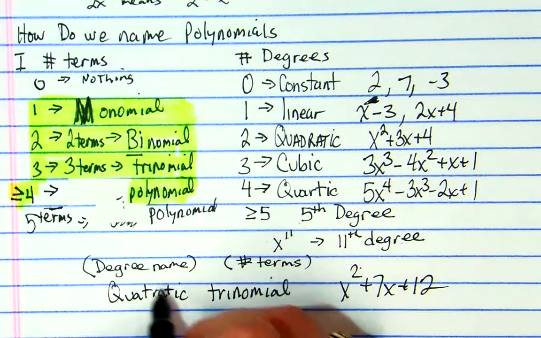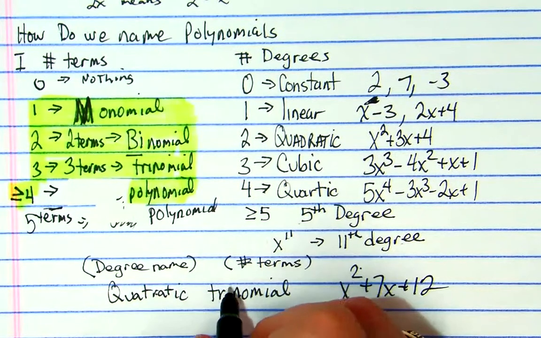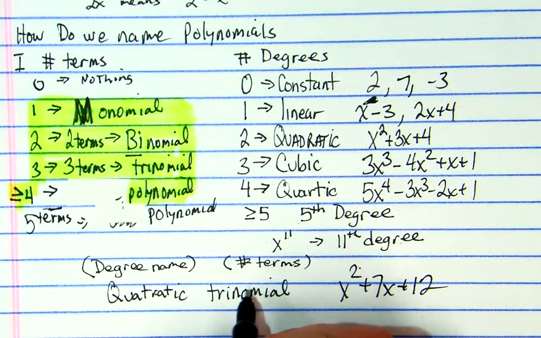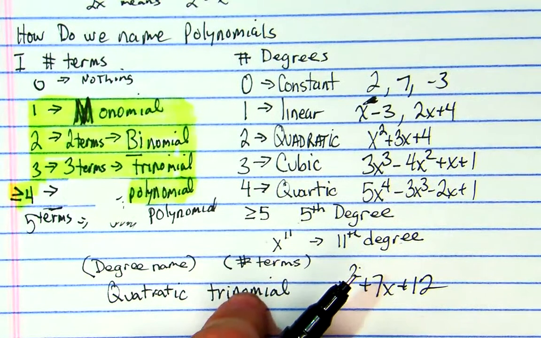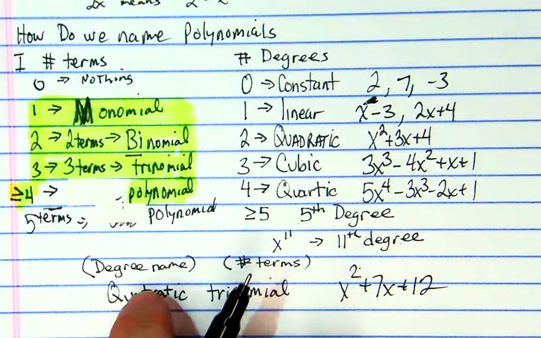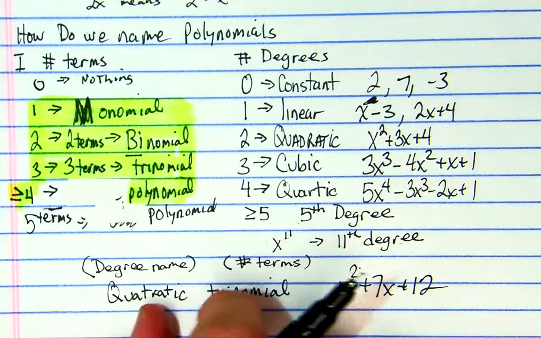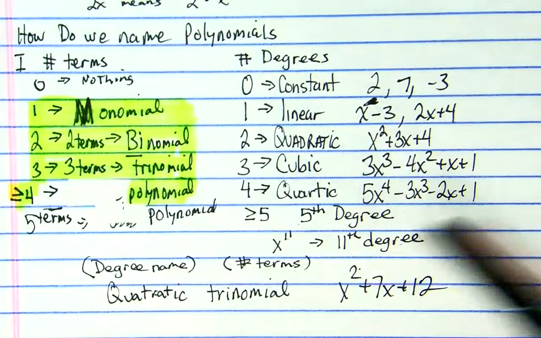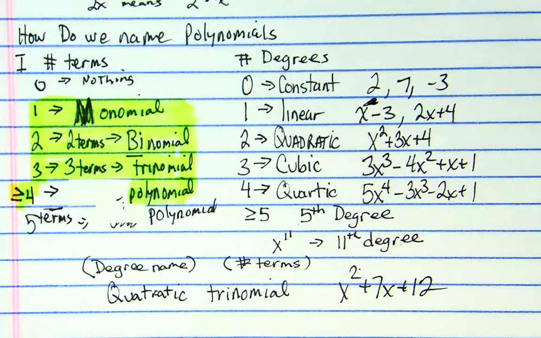It's quadratic. It's a quadratic trinomial. It's like saying it's a blue raincoat. You don't say it's a raincoat blue. It's a polynomial. That's what it is. It just happens to be quadratic, so it's a quadratic trinomial. So that's how we line everything up by name and by type. So, there you go. Good luck.